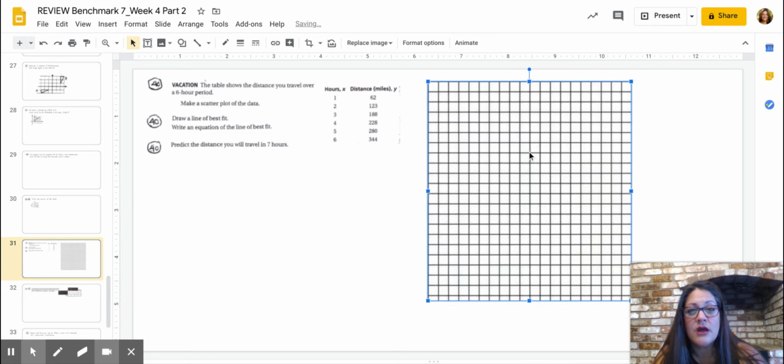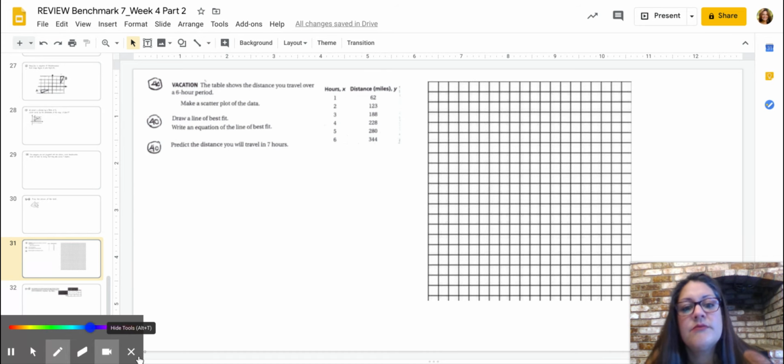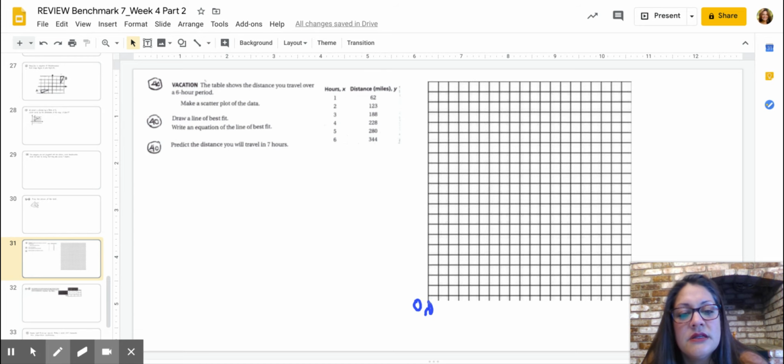So what I need to do is I am going to label this chart, and I'm going to have the origin be right here, which is going to be 0, 0. That is my x-axis. This is my hours.